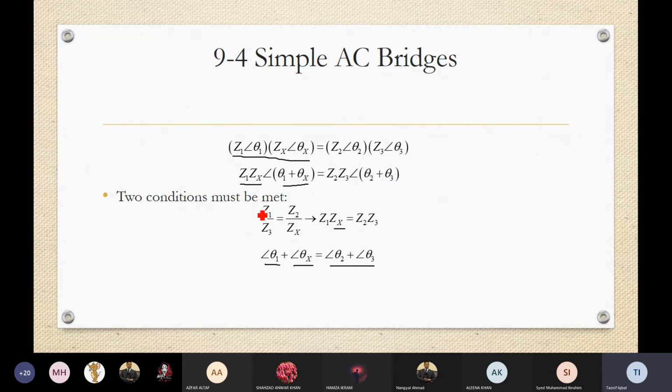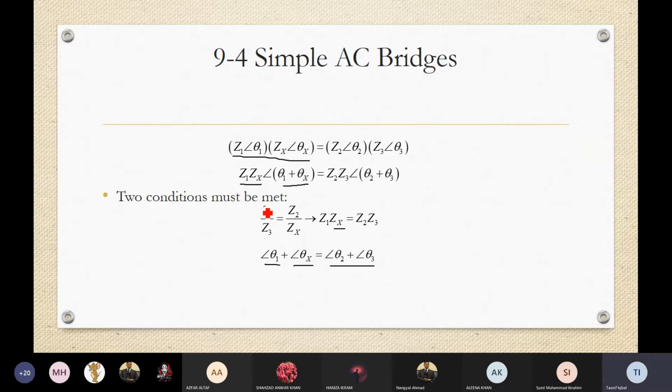Okay? So to balance the bridge, we should have balance not only the magnitudes but also the phase angles.